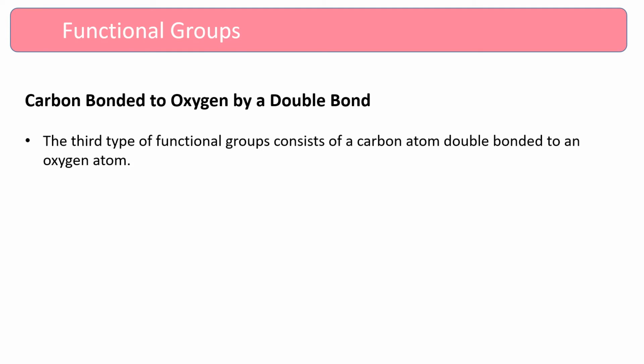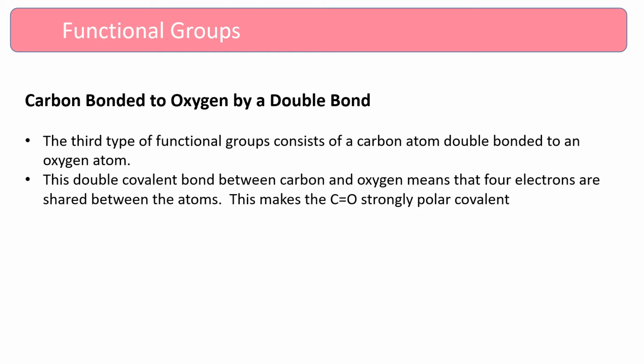Now, carbon bonded to oxygen by a double bond. A third type of functional group consists of a carbon atom double bonded to an oxygen atom. This double covalent bond between carbon and oxygen means that 4 electrons are shared between the atoms.